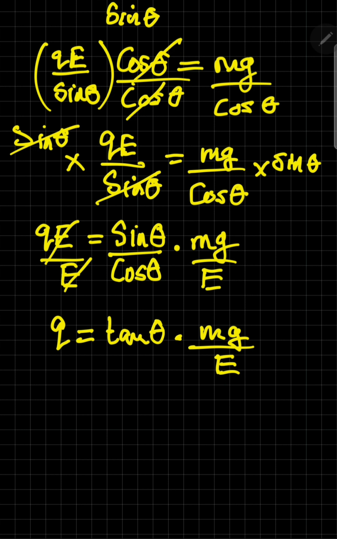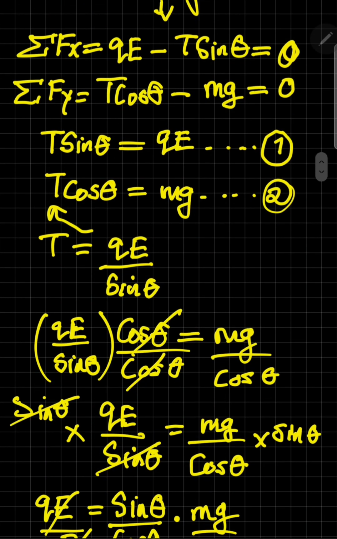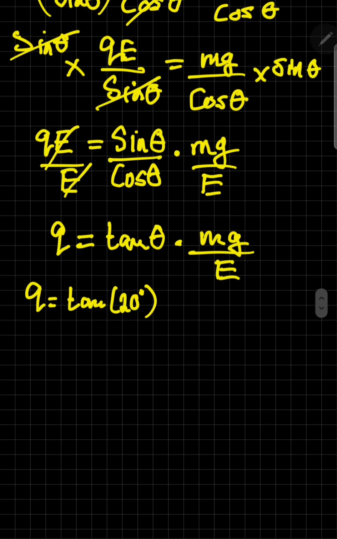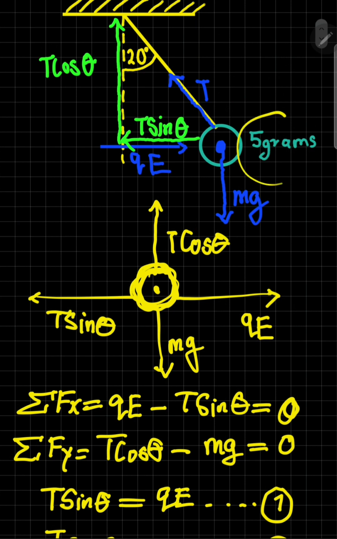Okay, so we know that theta is just 20 degrees. Remember from our diagram, our theta there is 20 degrees, multiplied by the mass of the ball. And remember, the mass has to be in kilograms, and we were given 5 grams.